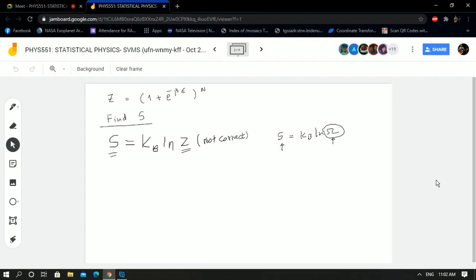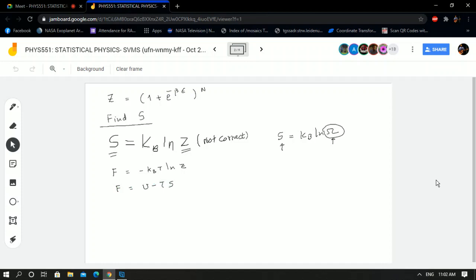So what you have to do is first write down the Helmholtz free energy. Helmholtz free energy is equal to minus k_B T logarithm of Z. And you know F is equal to U minus TS.